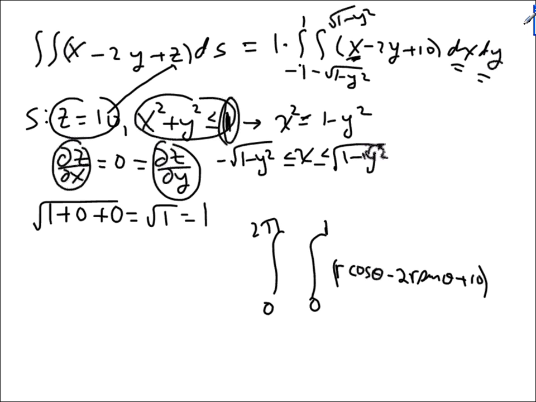And dx dy becomes r dr d theta. So you should distribute the r and just continue from there. We've done a lot of these integrals already. Besides, as my Calc 3 teacher would always say, integration is Calc 2 material.